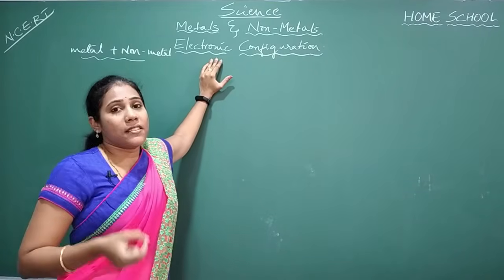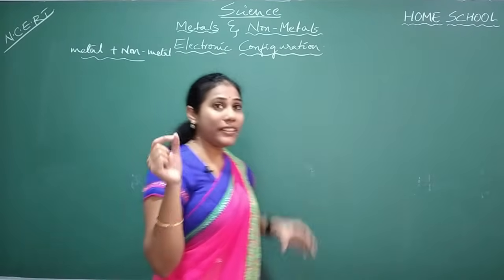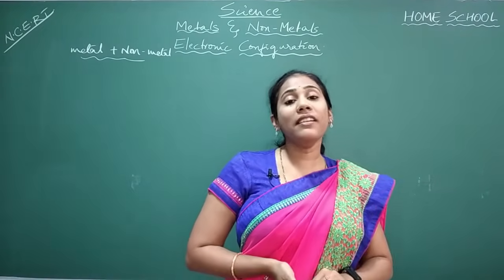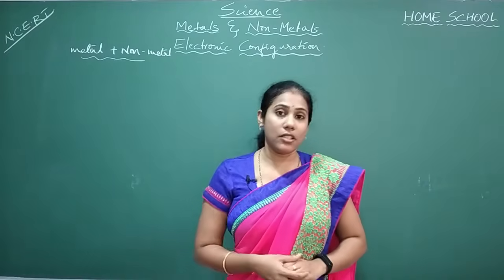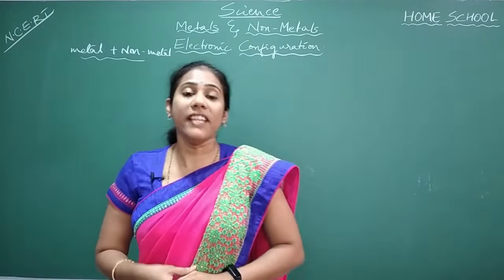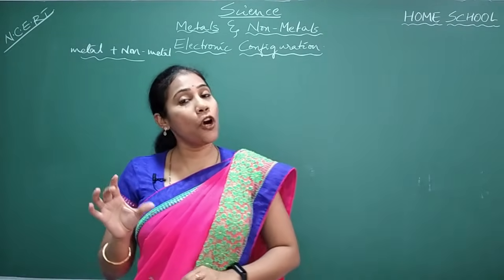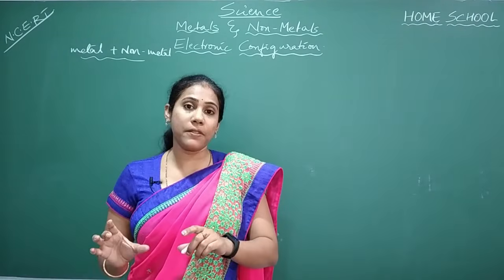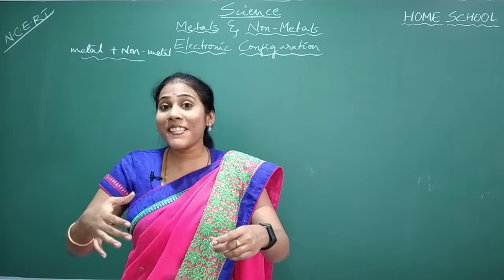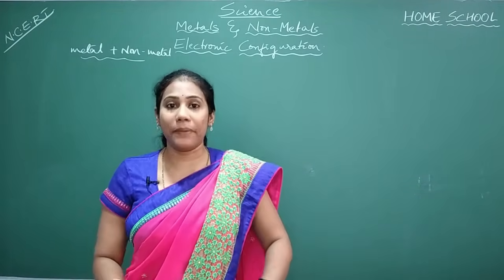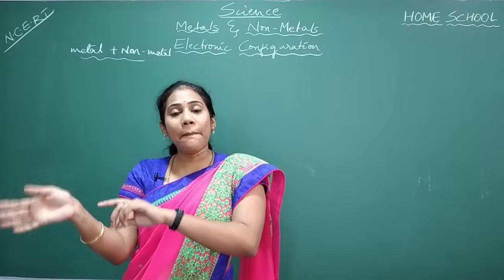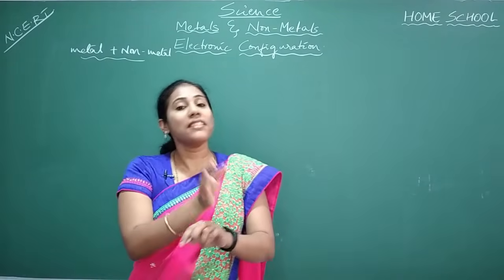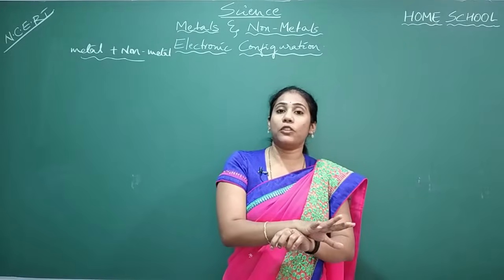It is because, as I already told you, a chemical reaction is nothing but giving and taking of electrons, isn't it? So always a bond is formed between two atoms when this business of electrons happens. Okay, so what do you mean by business of electrons? Some atoms give electrons and some atoms take electrons.